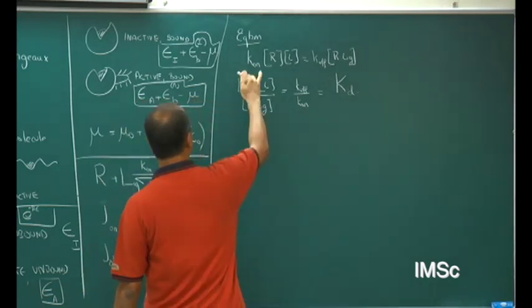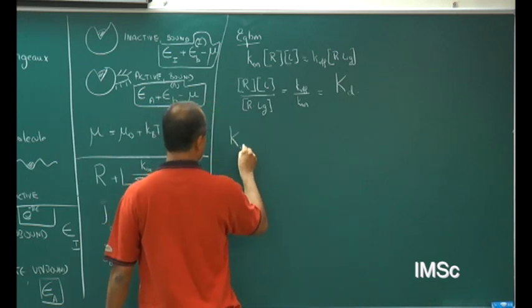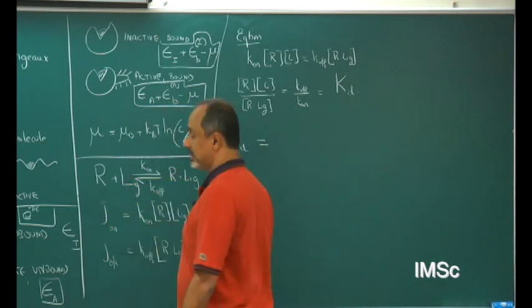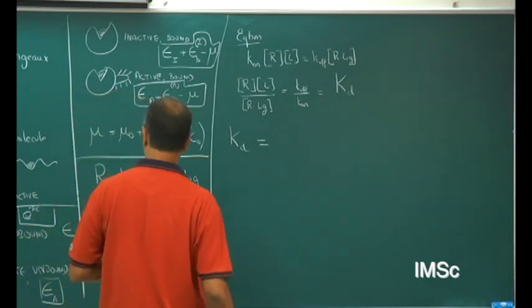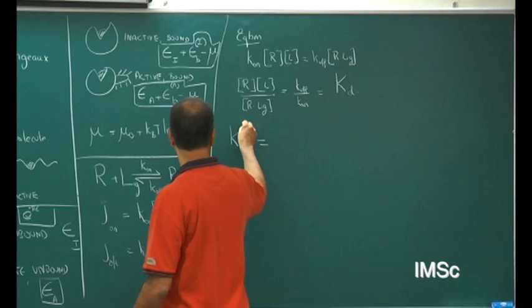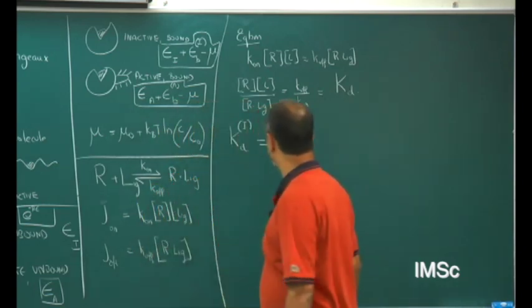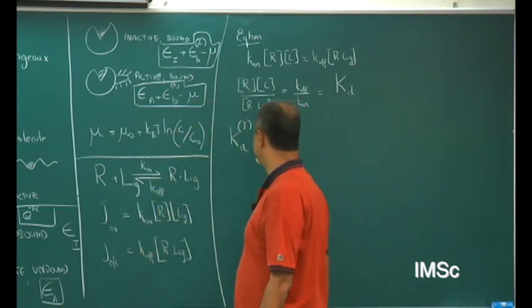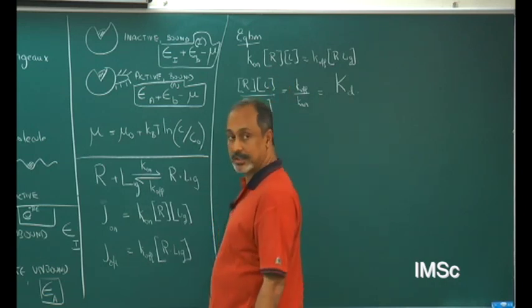So because we know this particular fraction, we can say Kd equals the fraction of receptor that's in the state. Let me just do the Kd for the inactive state. So Kd super I. This is the fraction of receptor in the inactive state times ligand divided by receptor in the inactive state dot ligand.